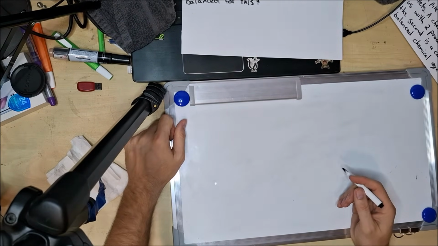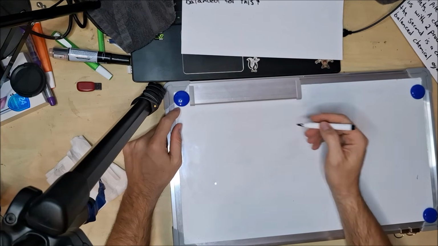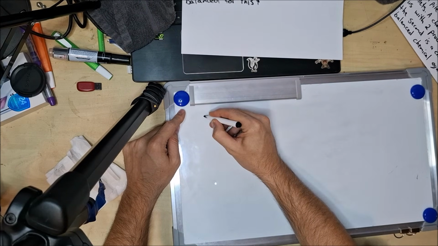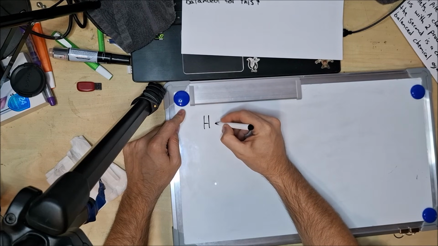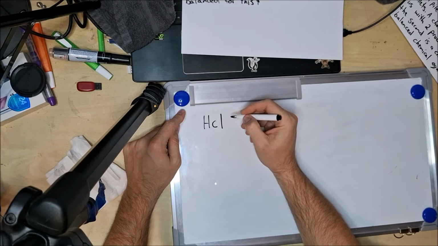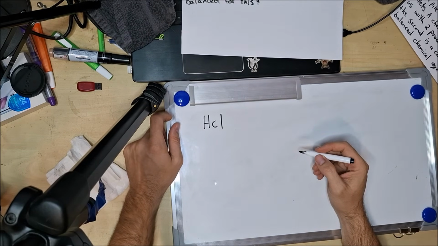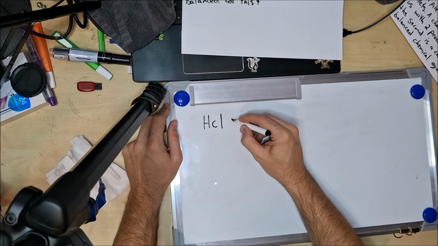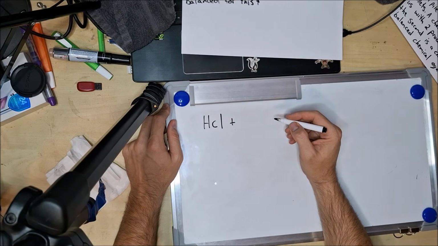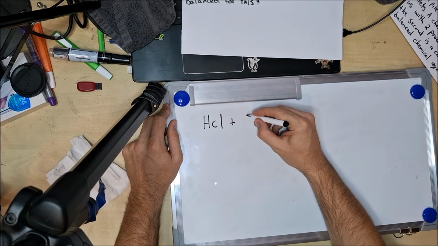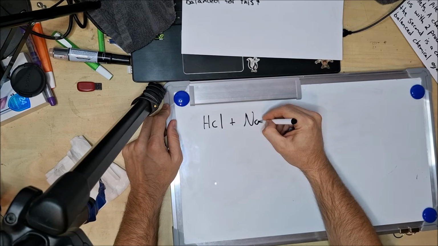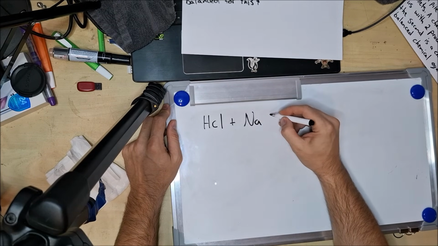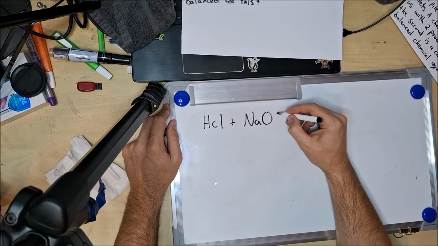First of all, the first one we said was hydrochloric acid. I know hydrochloric acid is capital H, Cl, hydrogen chloride. Then they say plus sodium hydroxide. Sodium is Na, plus hydroxide, OH.